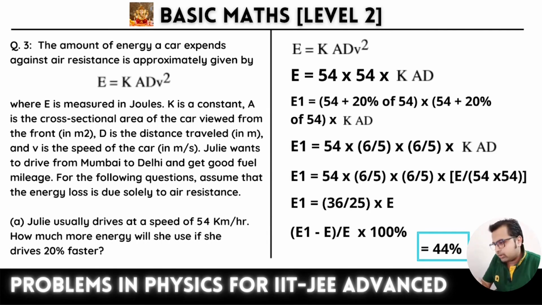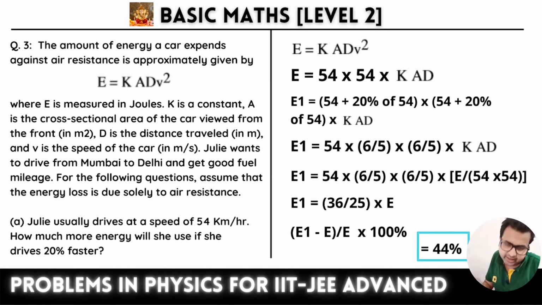I hope until here it is very clear. Now what exactly do we have to find? How much more energy? Here we have to calculate the rise in energy, meaning how much more energy will be wasted when the speed is increased. It is very straightforward: final energy minus initial energy upon initial energy into 100%.